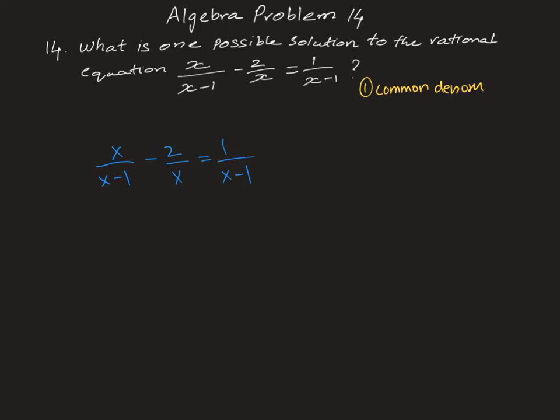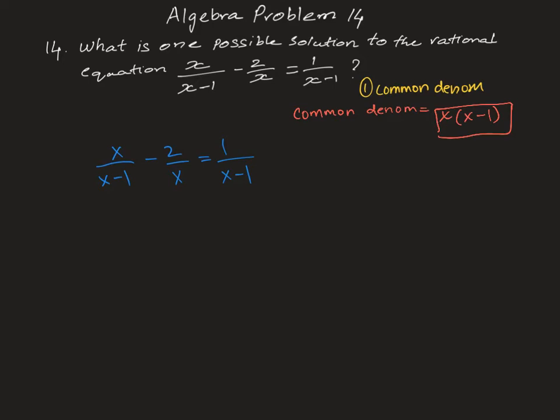So we can take this entire thing and multiply it by x times x minus 1, but we can just do it by individual terms. Our common denominator is equal to x times x minus 1.